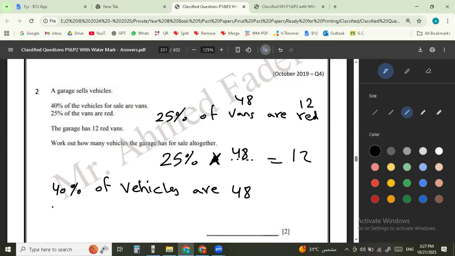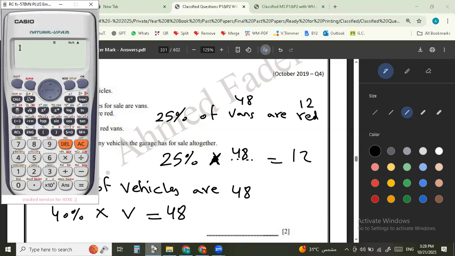Okay, so it means I must have 40% times V, which is the number of vehicles, equals 48. What is V? 48 divided by 40%. This is paper 2. Feel free to use the calculator. So 48 divided by 40% equals 120 vehicles.